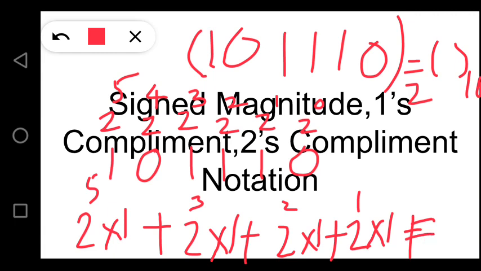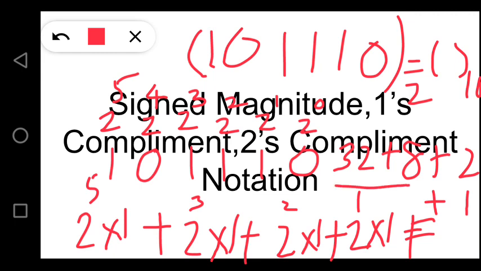So this 2 power 5 becomes 32, 2 power 3 is 8, 32 plus 8 plus 2 plus 1, 32 plus 8 is 40 plus 3, so it is 43. So the decimal equivalent of the binary number 10110 is 43. I hope you understand how to convert a given binary number to its equivalent decimal value.